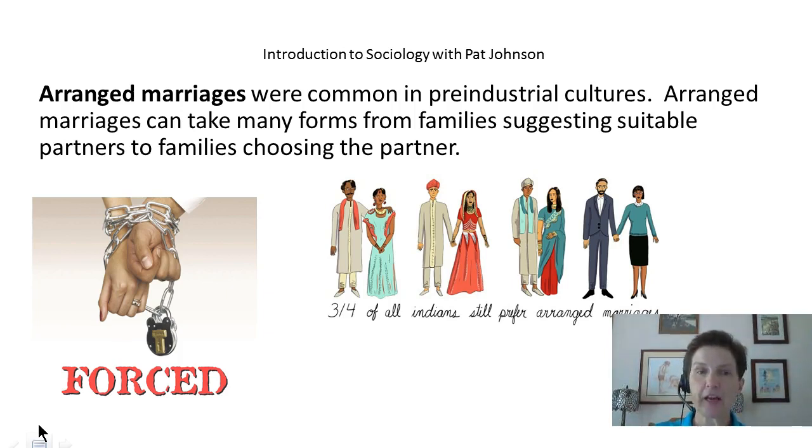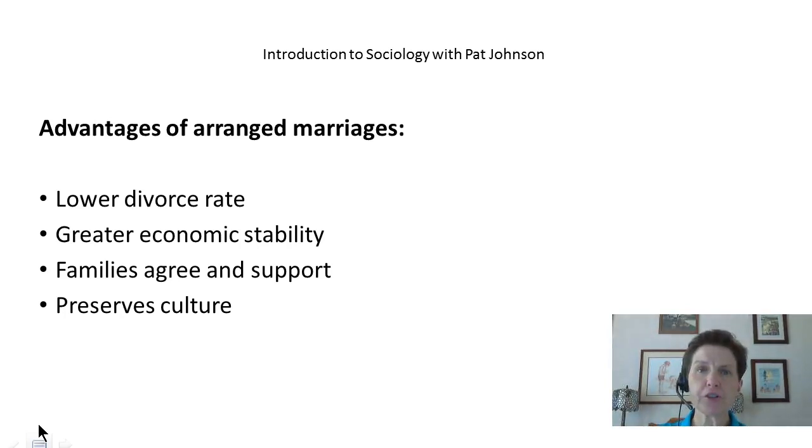There are many advantages. First of all, there is a much lower divorce rate in arranged marriages, whereas approximately 50% of marriages in our society that are romance-based end in divorce. In societies with arranged marriages, there's usually a single-digit divorce rate, maybe around 5%.